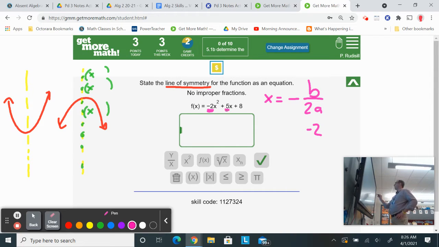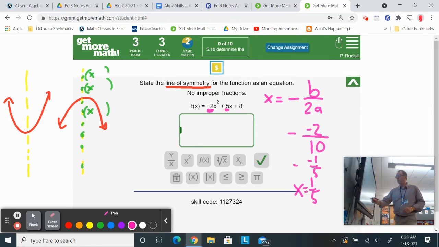So it says to take 2 times 5, which will be 10, that goes in the denominator. And remember to take the opposite of all that. Now, -2/10 is simplified as -1/5, and the opposite of -1/5 would be a +1/5. So that's going to be my axis of symmetry, where all the x's will be 1/5.